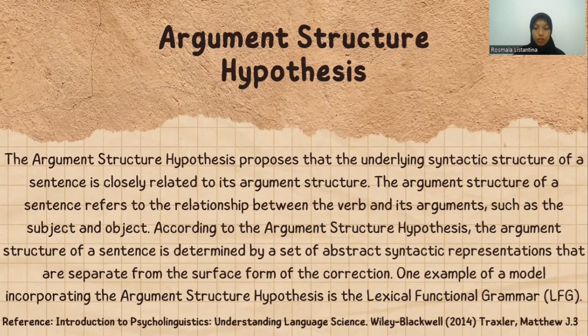According to the argument structure hypothesis, the argument structure of a sentence is determined by a set of abstract syntactic representations that are separate from the surface form of the sentence. One example of a model incorporating the argument structure hypothesis is the lexical functional grammar (LFG).